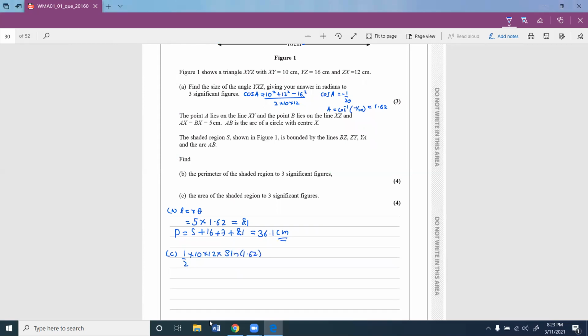1.62, minus the area of the arc sector. That is half r squared theta, 5 squared into 1.62. With this, you can get this answer. Half into 10 into 12 into sine 1.62, that answer is 59.93. 59.93 minus half r squared theta, 12.48.